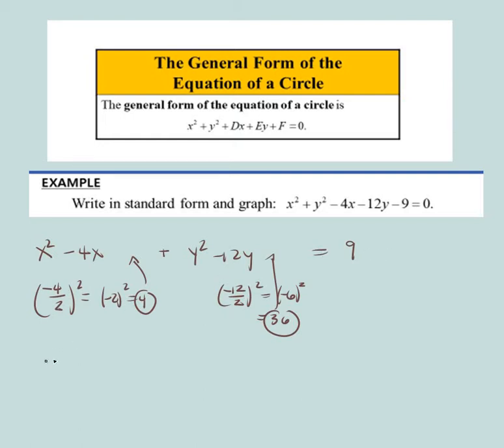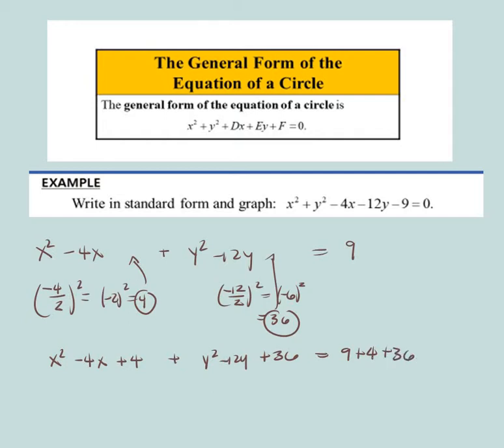So the equation will look something like this: x squared minus 4x plus 4 plus y squared minus 12y plus 36 is equal to 9 plus 4 plus 36.